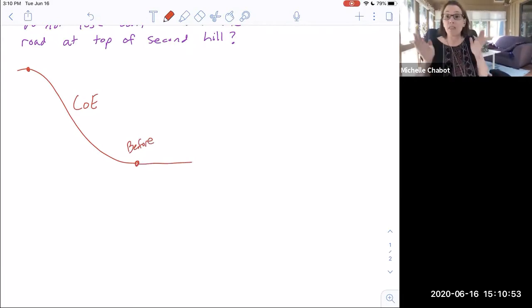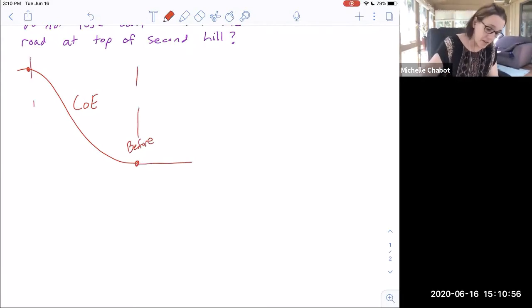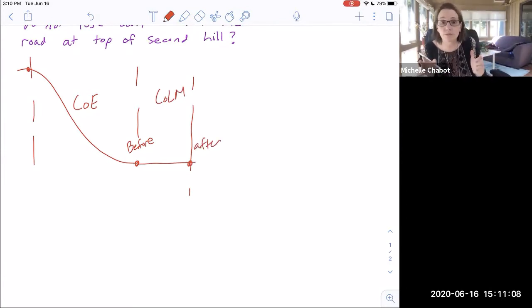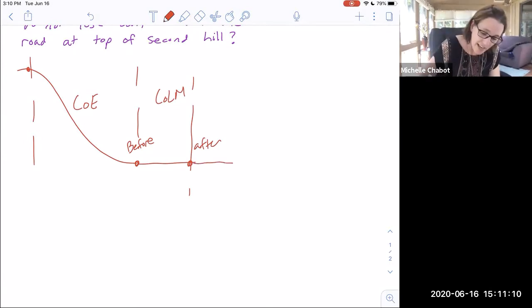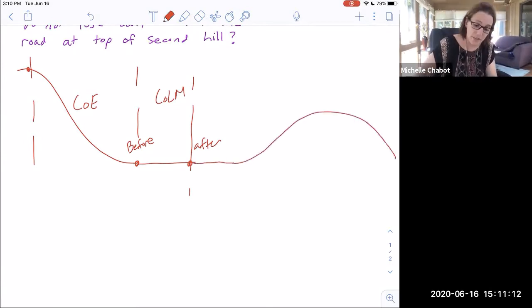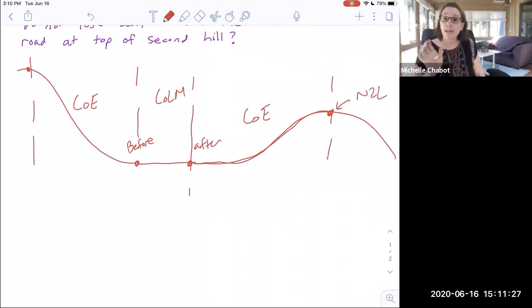Then I'm going to have a conservation of linear momentum step, which is going to be used during the collision. And then it's going to go up and over this hill. So after my conservation of linear momentum, I have another motion up a hill. This is going to be conservation of energy. And then at that specific point, I'm going to use Newton's second law.